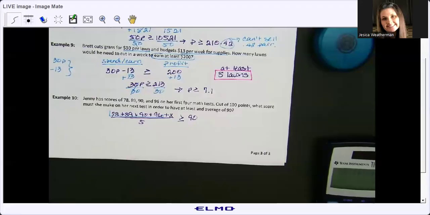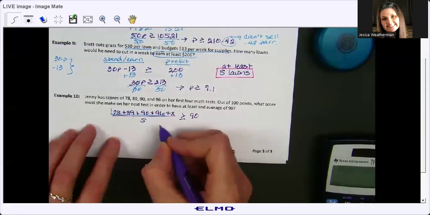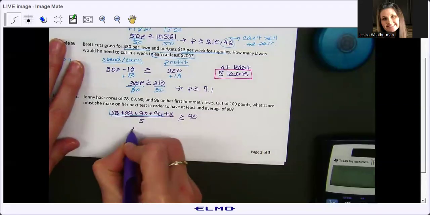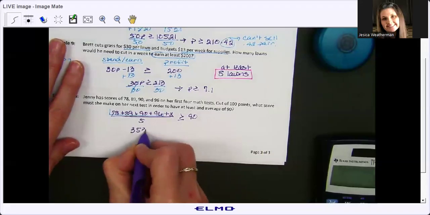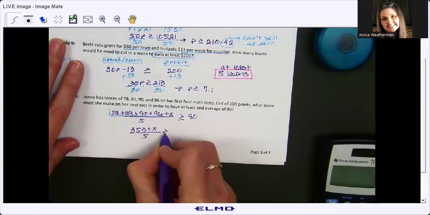Did I miss up? 78, 89, 91, and 96. Did you get 353? 78 plus 89 plus 91 plus 96. It's not 91. Oh, it's 90. It is 90. Okay, so it's 353. 353 plus x divided by 5 is greater than or equal to 90.